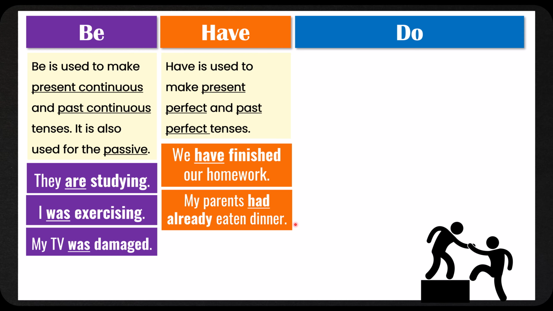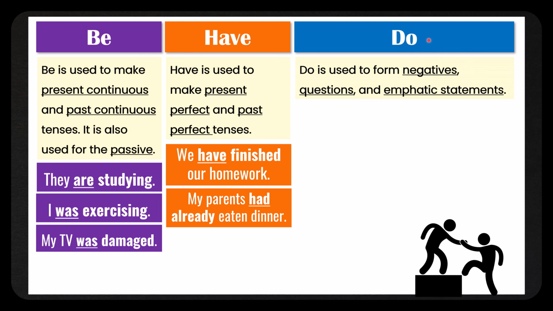My parents had already eaten dinner. Here we have the past perfect tense. The main verb is eaten, and had is the auxiliary verb helping us form the past perfect. Now let's look at examples of do. Do is used to form negatives, questions, and emphatic statements.